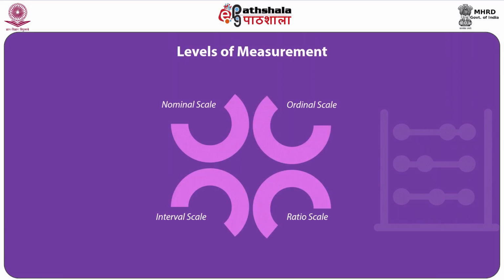Other examples for ordinal scale are attitudes, opinions, social class, caste, standard of living, etc. This scale would not provide information on how much more or less of the categories the items possess.